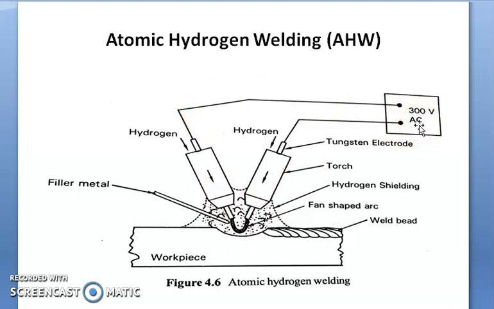Here an AC power source is suitable compared to DC because an equal amount of heat will be available at both electrodes. A transformer with an open circuit voltage of 300 volts is required to maintain the arc here.